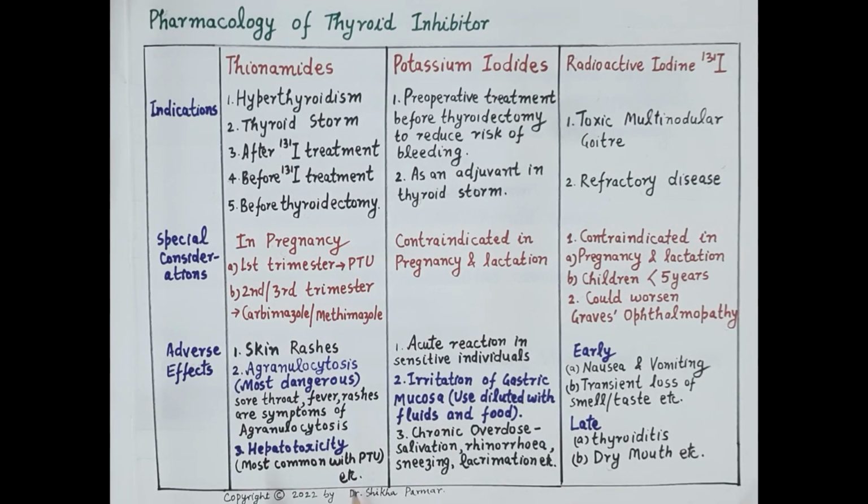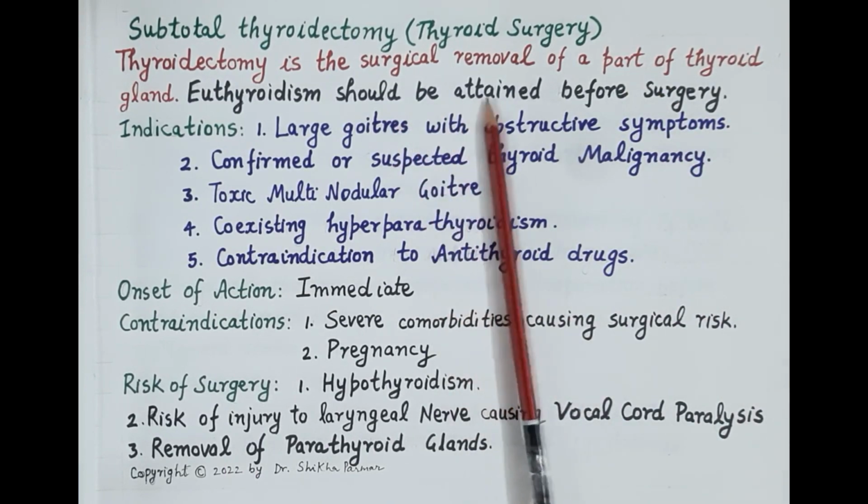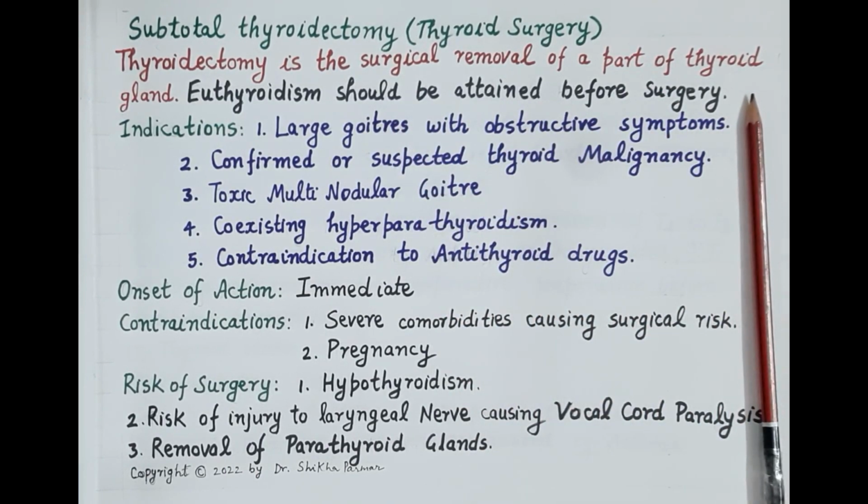Now after thionamides, potassium iodides and radioactive iodine, that is iodine 131, let's discuss the role of subtotal thyroidectomy in the management of hyperthyroidism. Subtotal thyroidectomy or thyroid surgery is the surgical removal of a part of the thyroid gland.